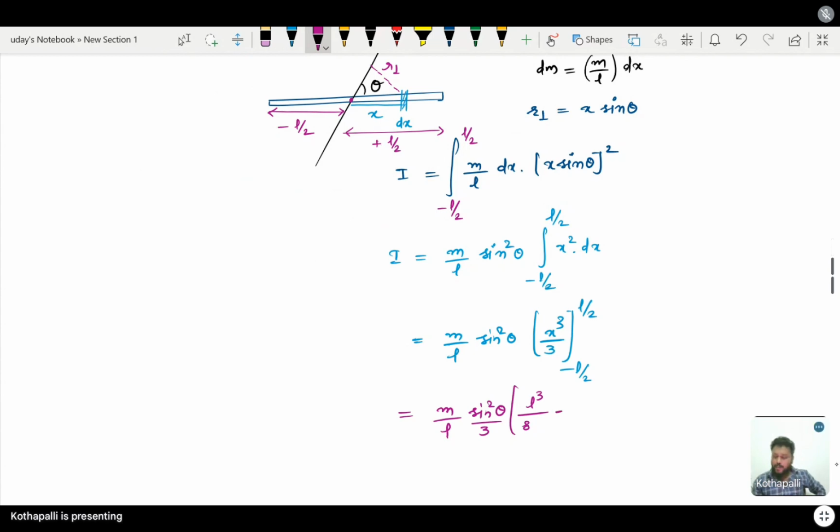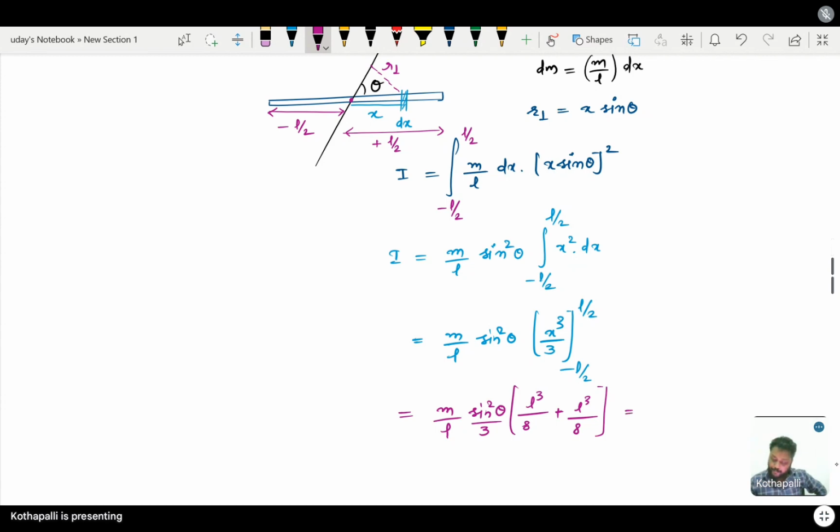Minus, one more L cube is there, which has a minus sign. Power 3 is an odd number, so it will definitely be a minus value, again L cube by 8. One more minus is there, as I told you: upper limit minus lower limit. So minus of minus becomes plus.